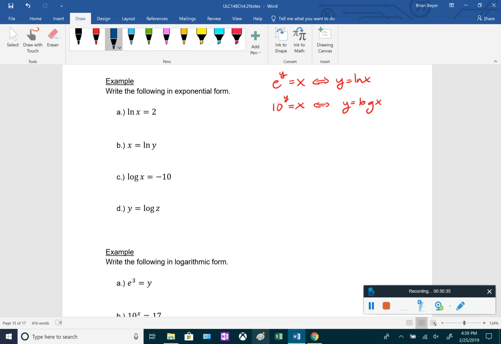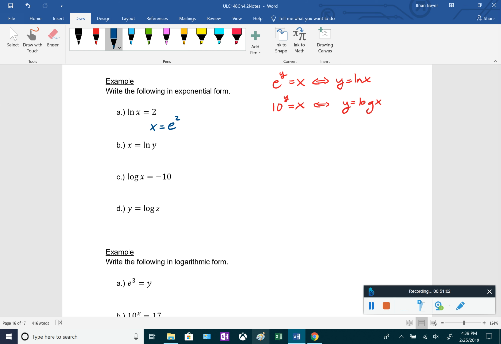What this would be is x, putting this into exponential form, equals e to the second. So once again, you can use that conversion that I wrote down to help you. What I would do here is I would base e both sides and say e raised to the ln of x equals x. And then e to the second is e squared, so you get x equals e squared.